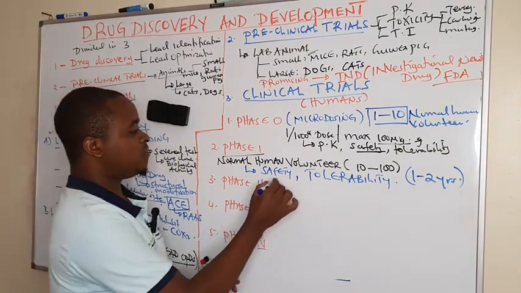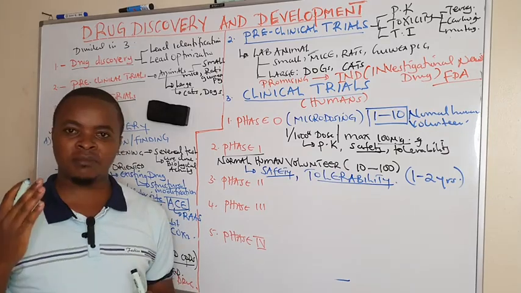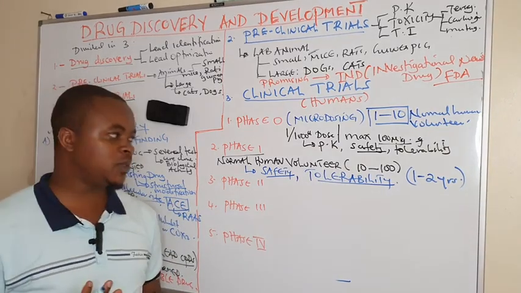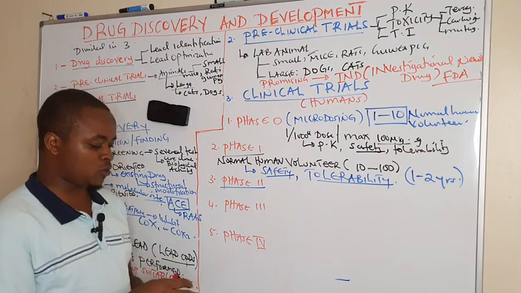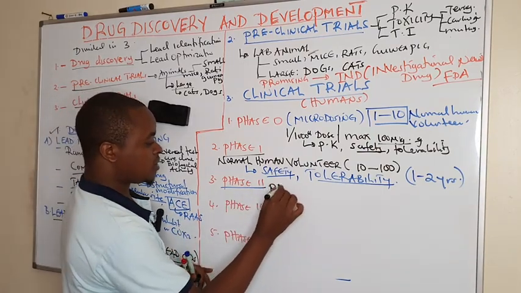And after we have determined that it is very safe, human beings can tolerate this candidate drug, and it is promising, we proceed to phase 2, which is done on patients.